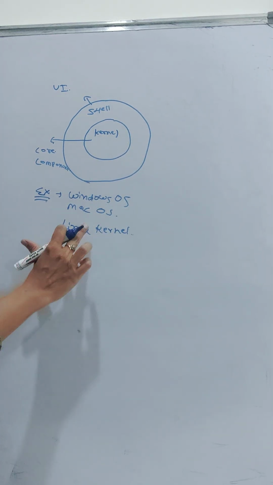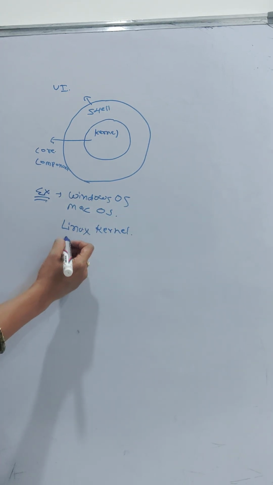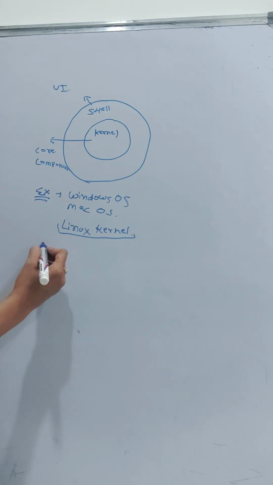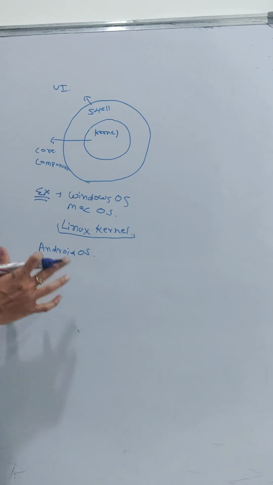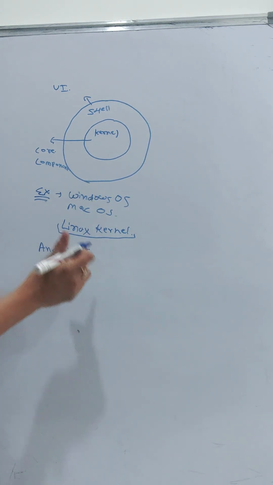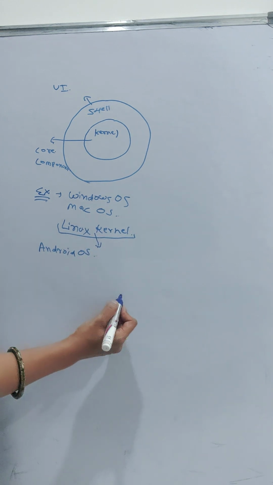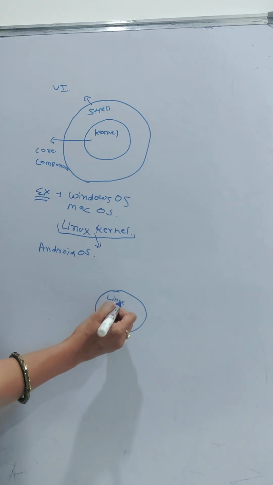Okay, so this Linux kernel, how they use, I'll explain. So we have operating system, Android operating system. Okay, Android OS. So what these guys have done internally, they are using a Linux kernel only. So this is Linux kernel.